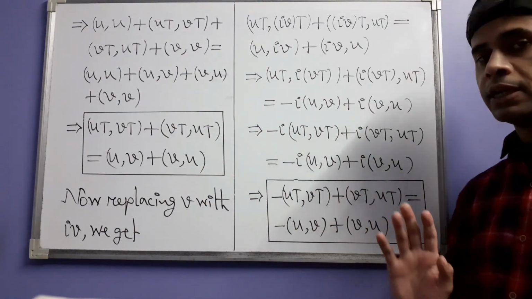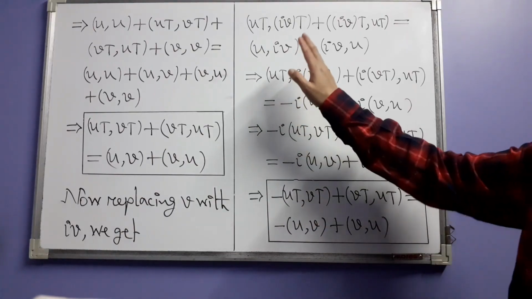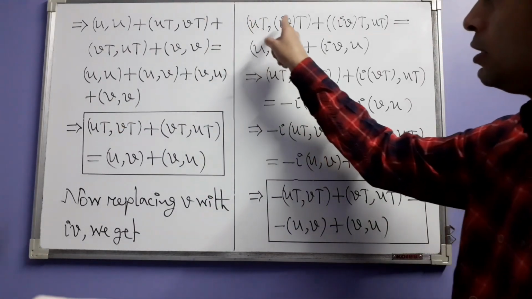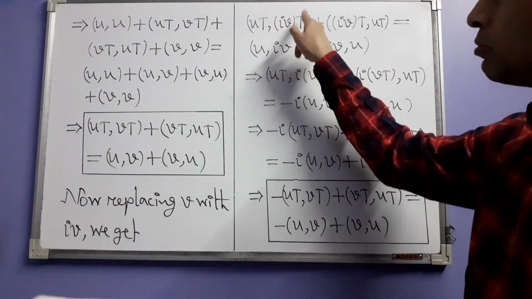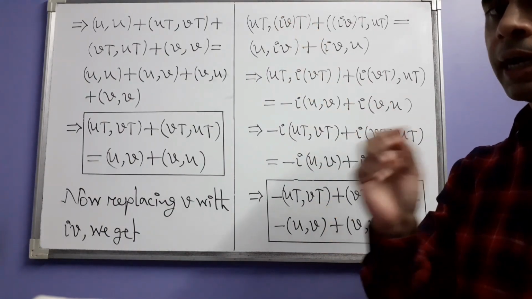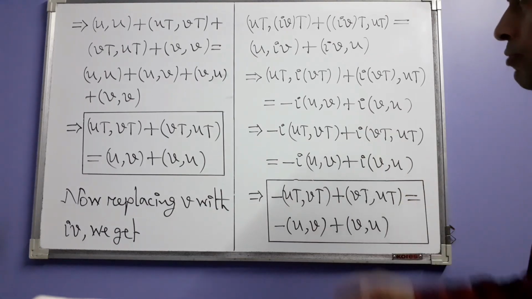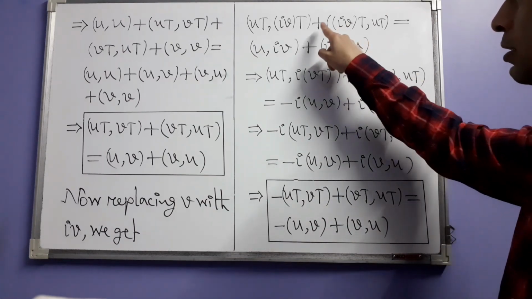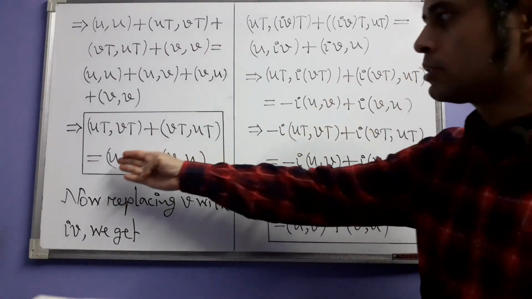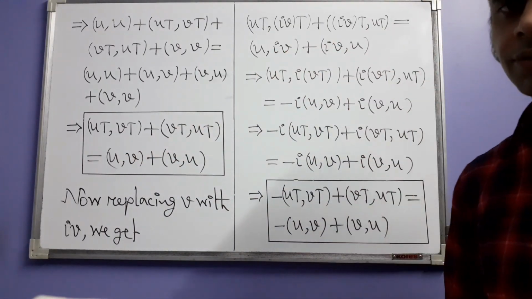Now what do we get if we do that? Let us first carefully put iv in place of v. ut, ivt, using brackets here because t is being applied on iv, to emphasize that fact. Similarly, plus ivt, ut equals u, iv plus iv, u.